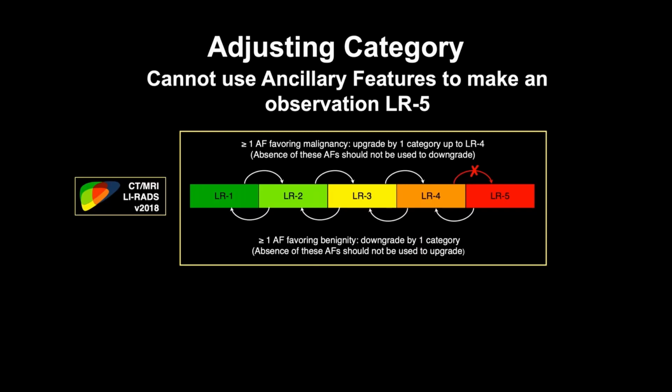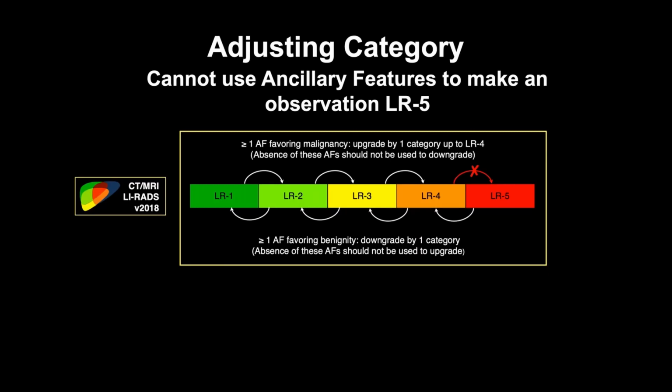Notice, however, that you cannot use ancillary features to upgrade a LI-RADS 4 observation into a LI-RADS 5 observation. Again, this is to preserve that near 100% specificity that LI-RADS 5 connotes.